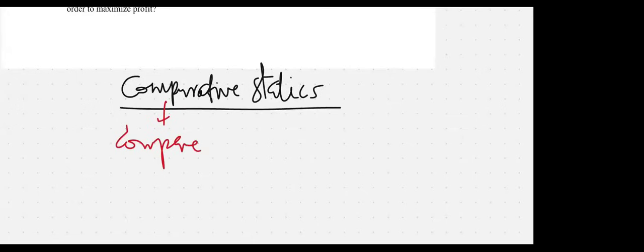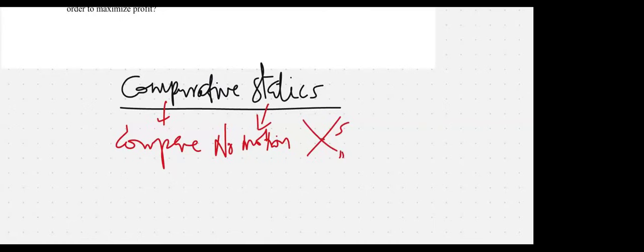When you say something is static, it means there is no motion, it is stationary. In demand and supply, the point where we don't see any movement is where the demand and supply curves intersect. At this point you will not see any movement because of the intersection.